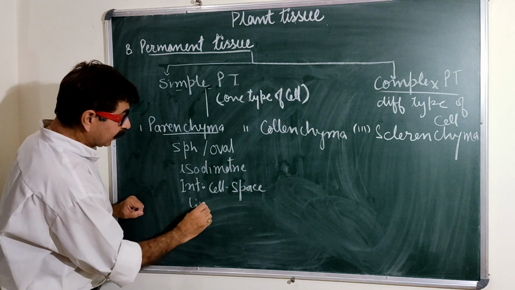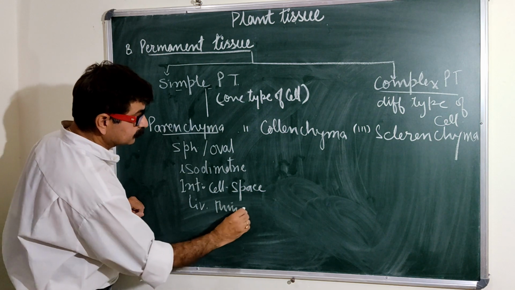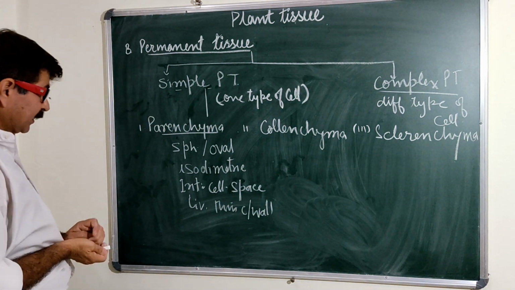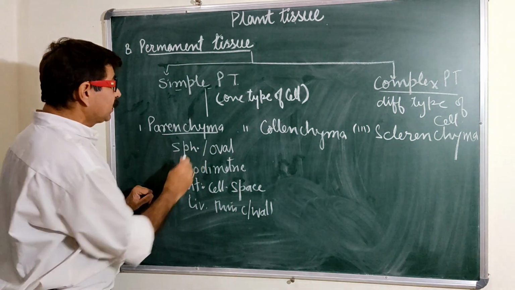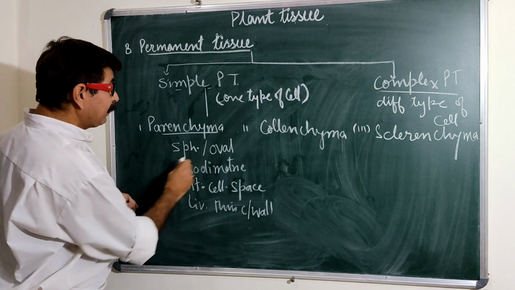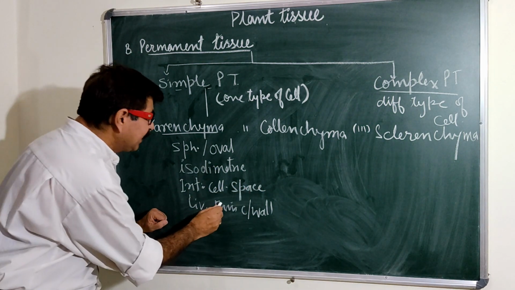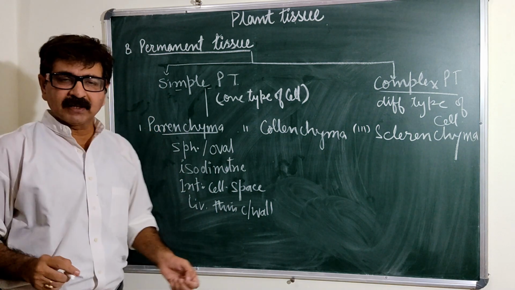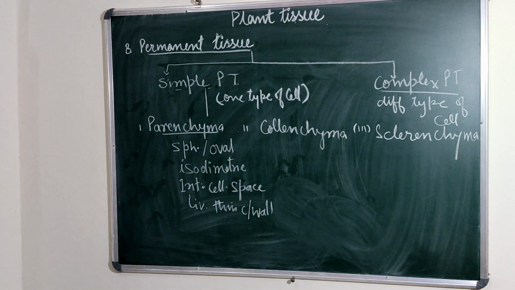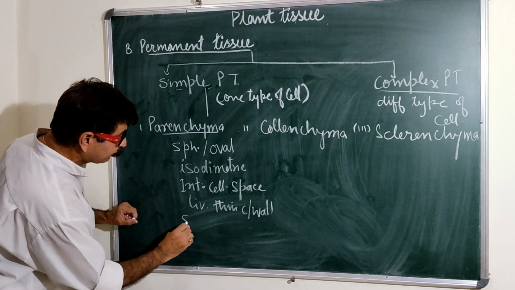Cells are living, with a thin cell wall. So they are spherical or oval, they may be isodiametric, intercellular spaces are there, living cells are there, and having the thin cell wall. Major function is storing food.